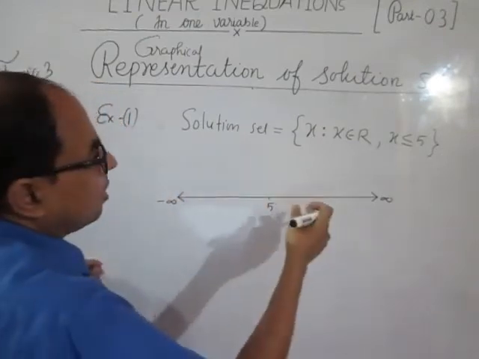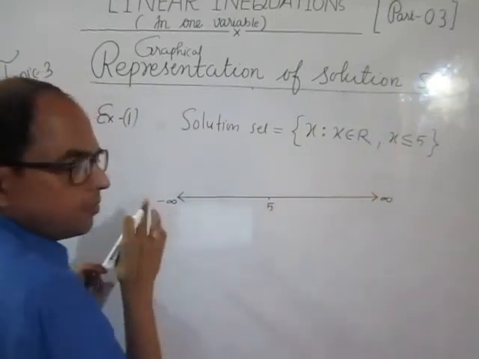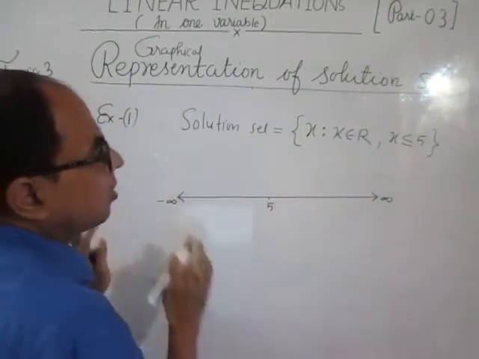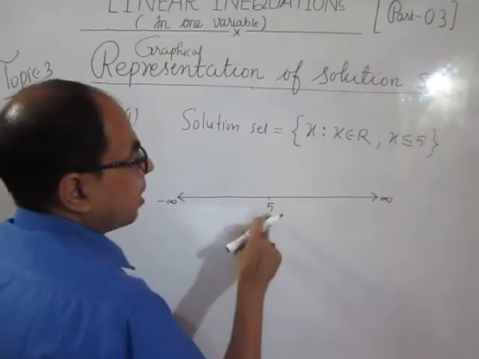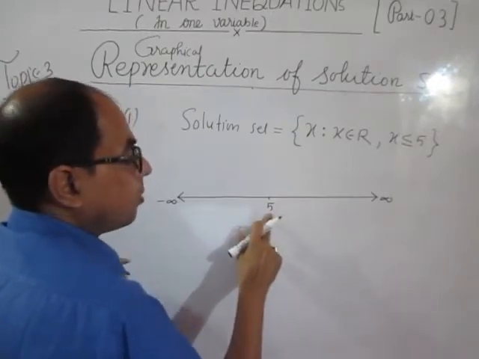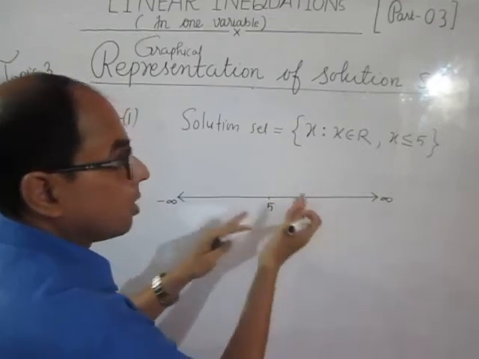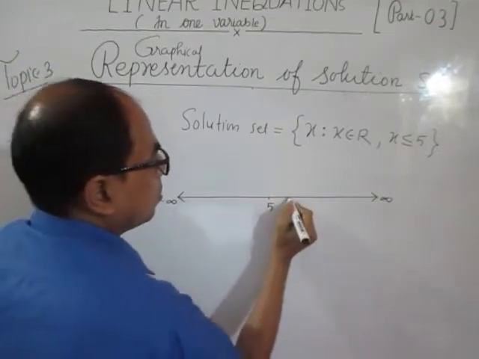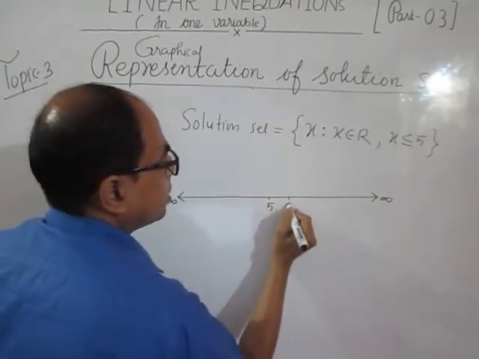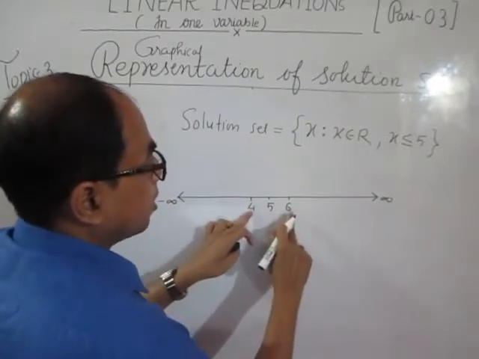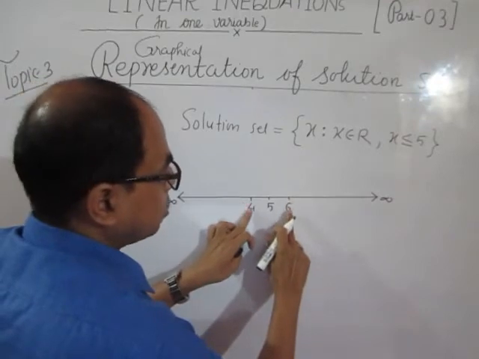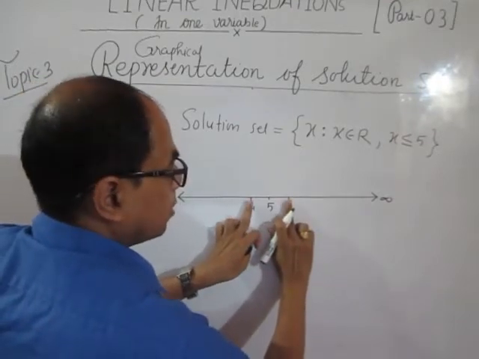So here left end point is in minus infinity, so it is not necessary to write here. Now what I have said about the end point, at least you have to write 1 point right side and 1 point left side. So you will write here 6 and here 4. These two are compulsory. If you will not write these two, then it will be wrong.